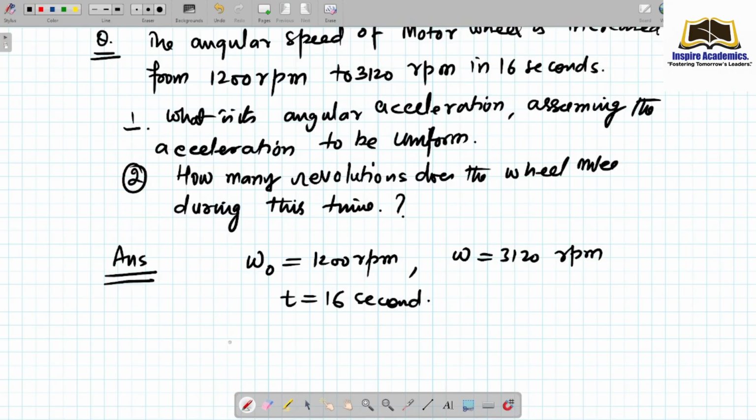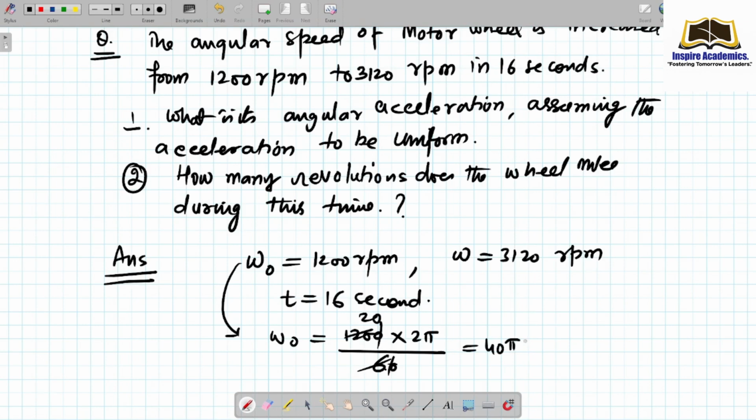Since omega naught is given in rpm, you have to convert it into radian per second. Omega naught is 1200 rotations, each rotation is 2 pi radian, and per minute means 60 seconds. So you will get 40 pi radian per second.